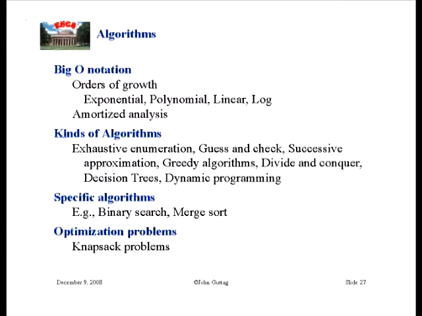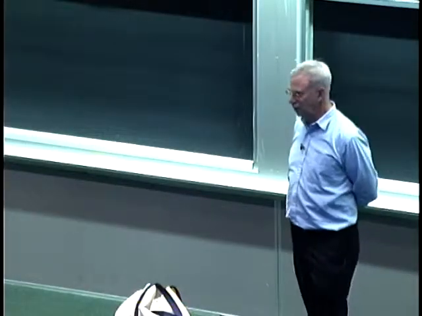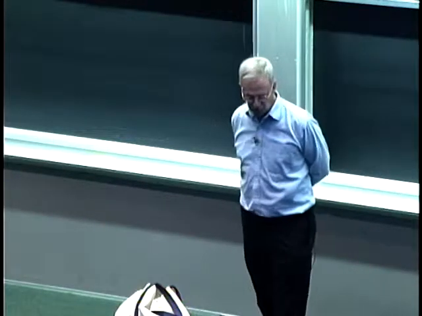We talked about algorithms. We talked about big O notation, orders of growth. That's very important. We talked a little bit about amortized analysis, that you might want to, say, sort something first if you're going to do a lot of searching. We looked at a bunch of kinds of algorithms. I've listed them here. I'm, by the way, going to send you a list with all of this stuff on it, among other things, so don't feel you need to transcribe it.